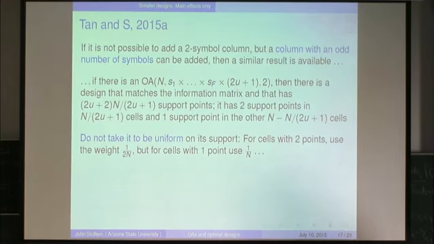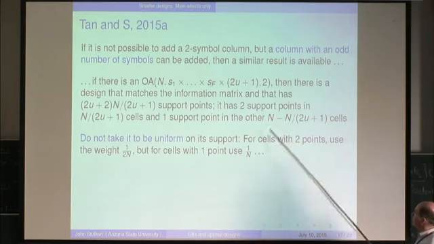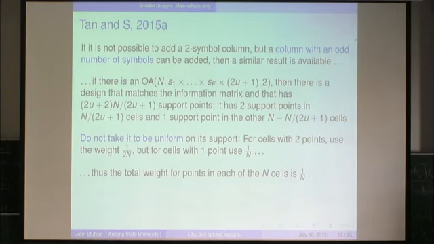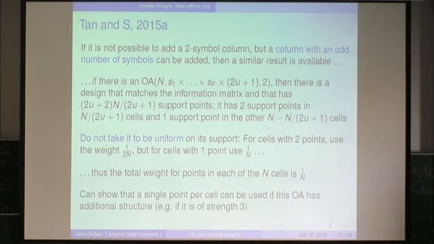What you need is that each of the cells you have a fixed weight on, a weight of 1 over n. So what it means is in the cells where you take 2 points now, you have to split that weight as 1 over 2n on each of the 2 points. And you can show that if you actually have an orthogonal array of slightly higher strength, that you can still, even in this situation, take only 1 point per cell.